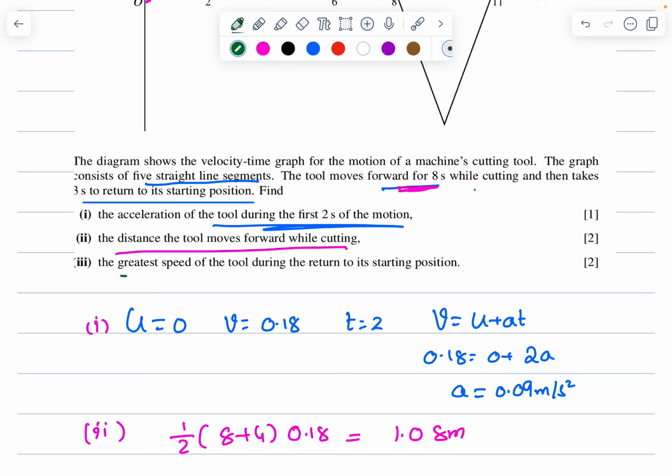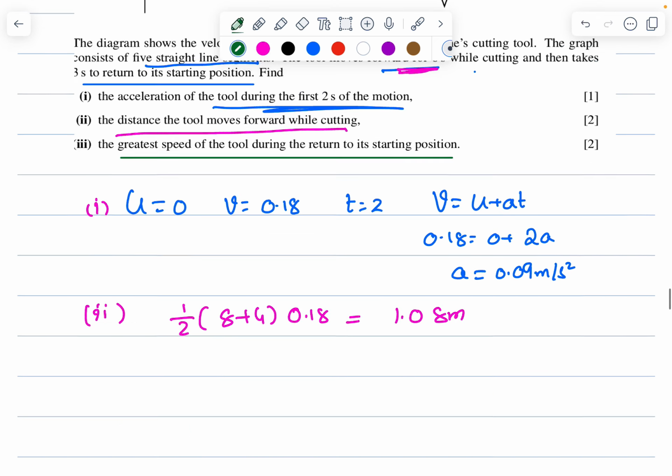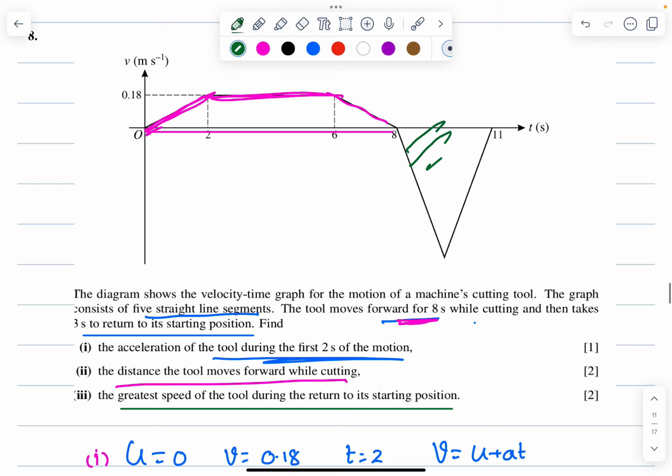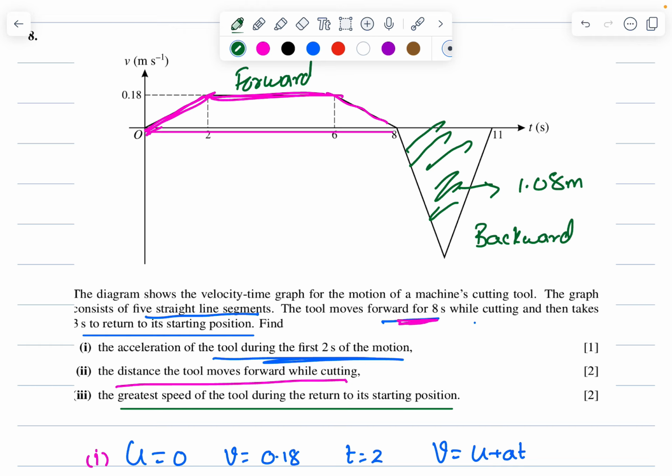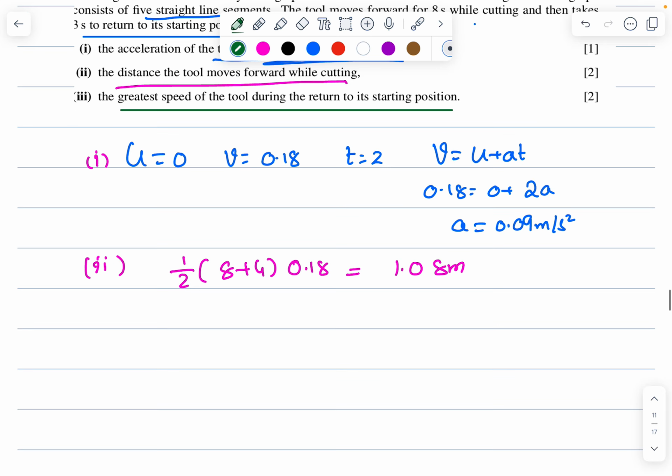The greatest speed of the tool during the return to its starting position. So this area is also going to be nothing but what? 1.08, because how much forward? It goes forward, and it comes backward the same distance. So backward is also going to be the same 1.08 meters. So the area is going to be 1.08.